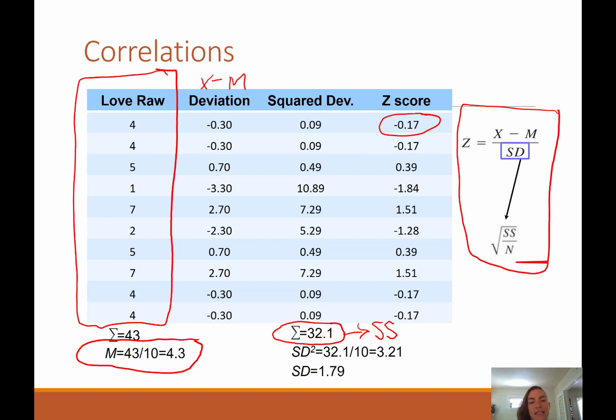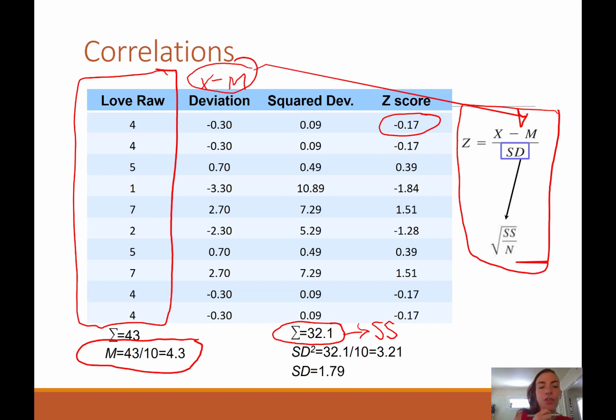And just a hint to make this a little bit faster for you, notice that you've already calculated x minus M for the numerator of the z-score. So for person 1, I can just plug in negative 0.3, that's their deviation score, over 1.79, the standard deviation.